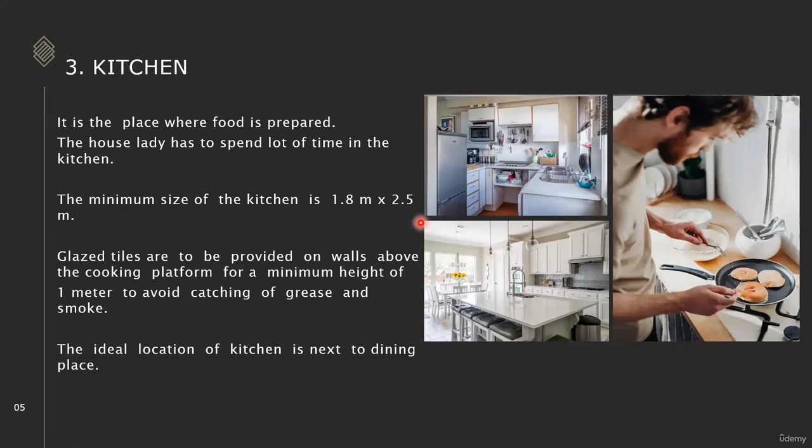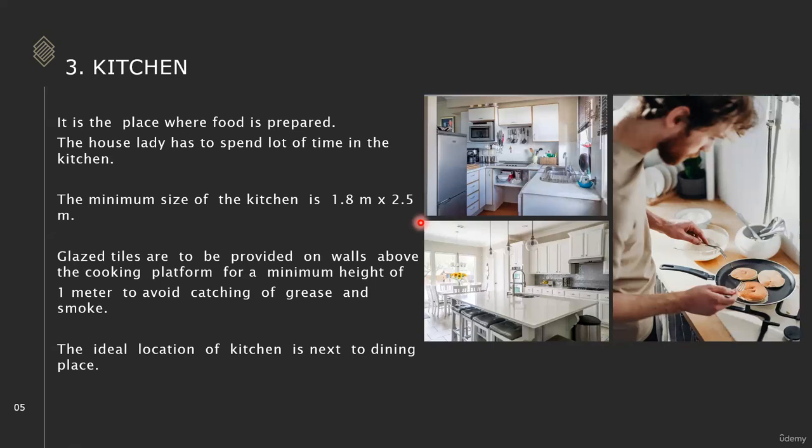Okay, next one is the position of the stove. Where most of the ventilation is, in that particular direction only we are going to provide our stove. Next, the position of the sink, which should be easy for washing utensils, vegetables, and whatever food items there are. Next, the position of the refrigerator, that depends upon the requirement of the clients.